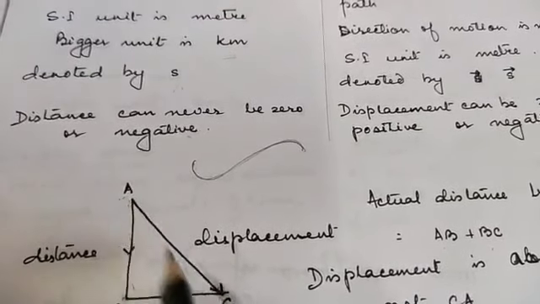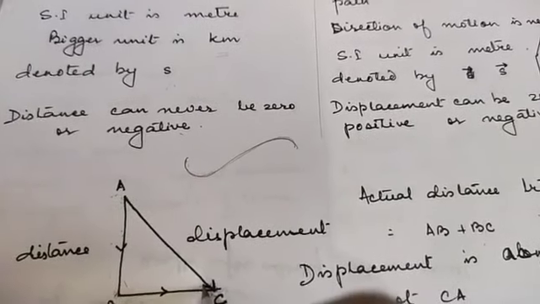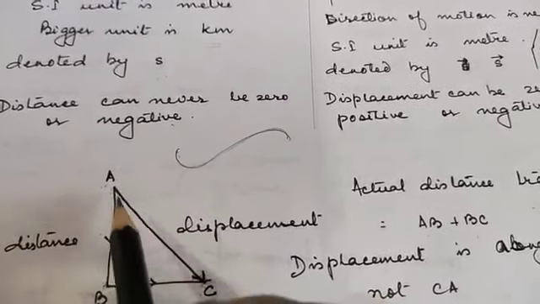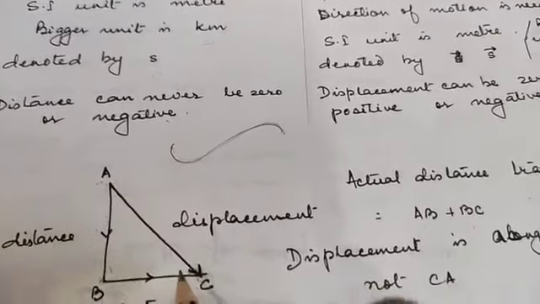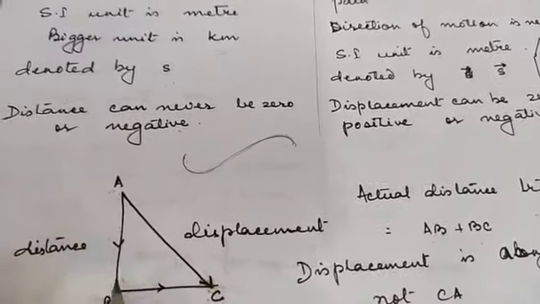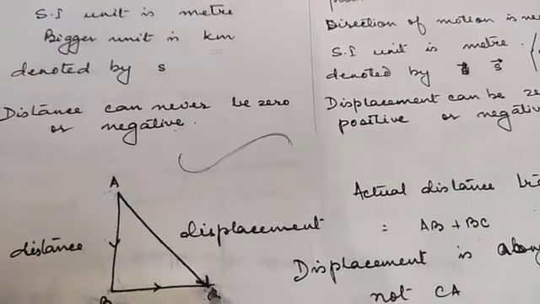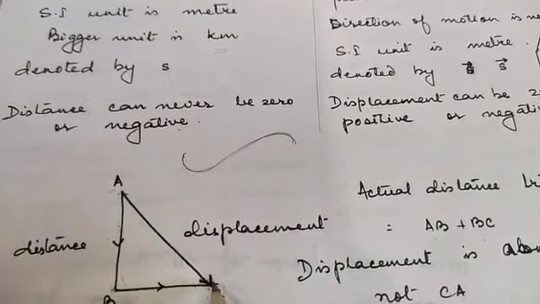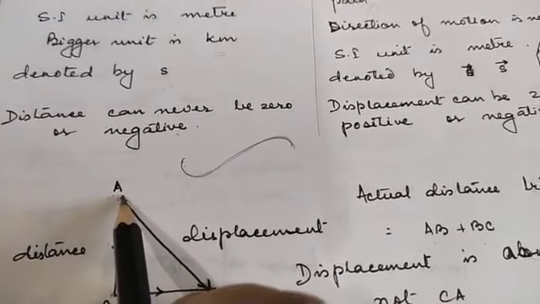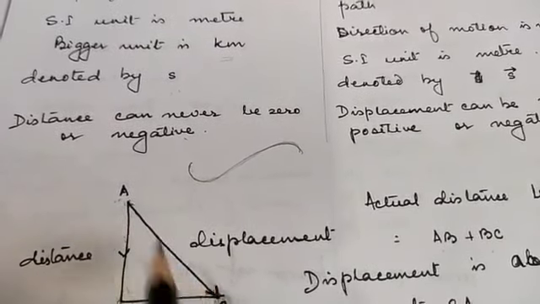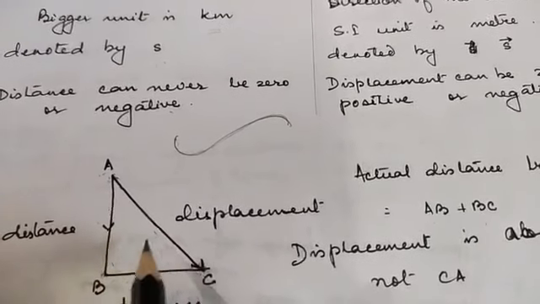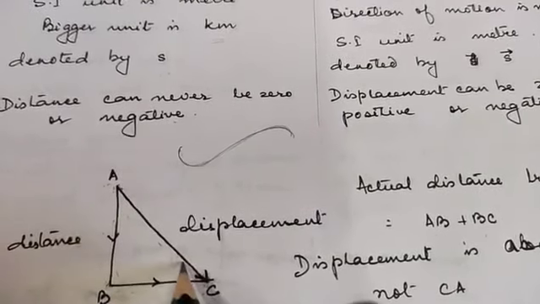So this AC is the displacement. Since A has to reach to C, the displacement will be along AC and not CA, because C doesn't have to reach to A. A has to reach to C. So the displacement is going to be along AC.